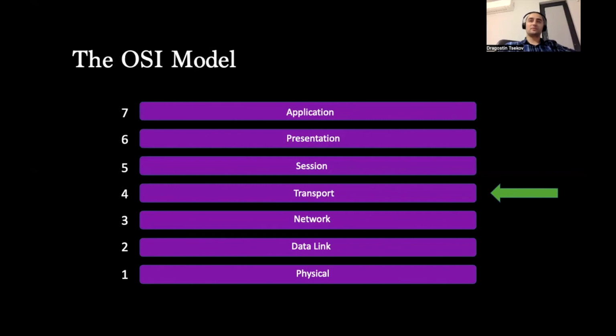So, for example, for the protocol DNS, the port number is 53, and it could work both on TCP and UDP. But on layer 4, it works on port 53, and this is how you can remember what the transport layer is about. It's all about the TCP and UDP communication.